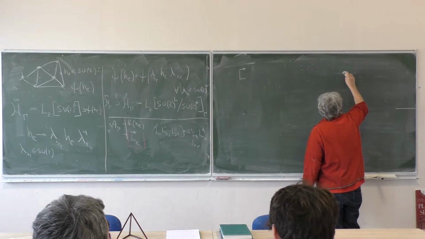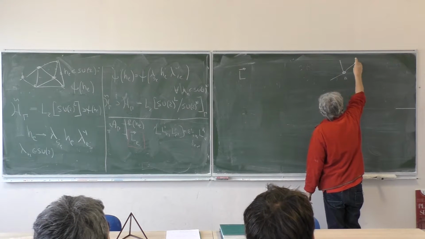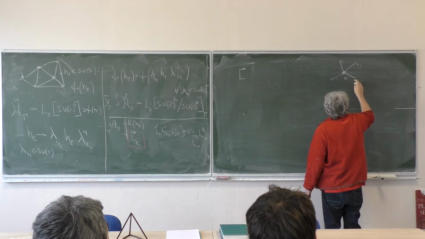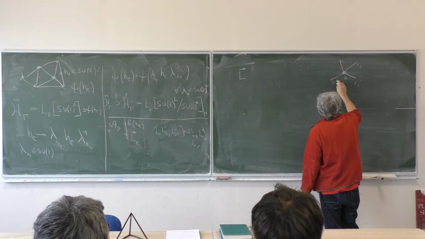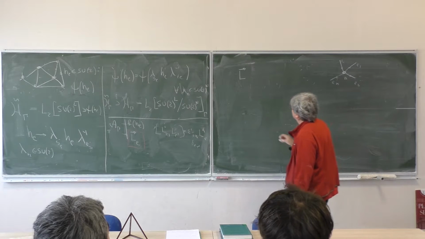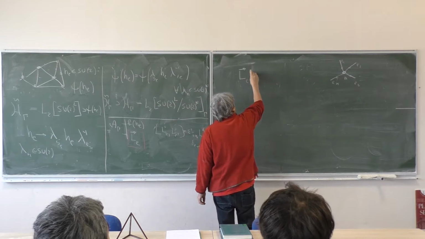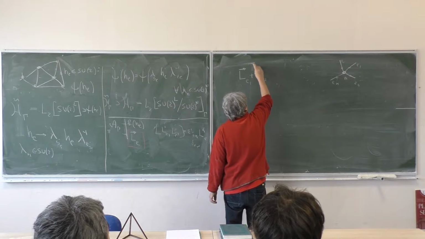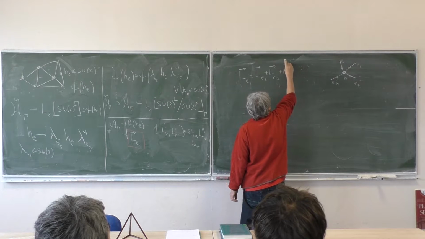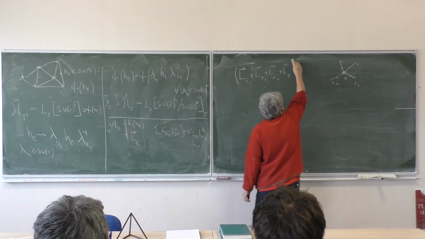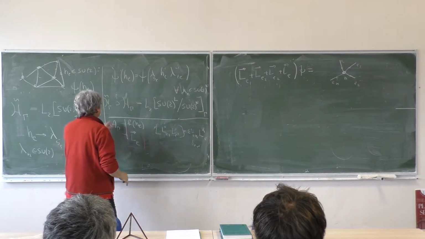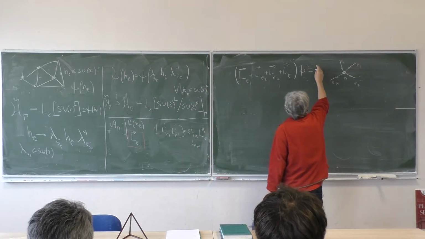For each node, I have four links coming out, say L1, L2, L3, and L4, and for simplicity let me imagine they're all oriented outside. I sum L1 with L2, L3, and L4, acting on a gauge invariant state, and I get 0.